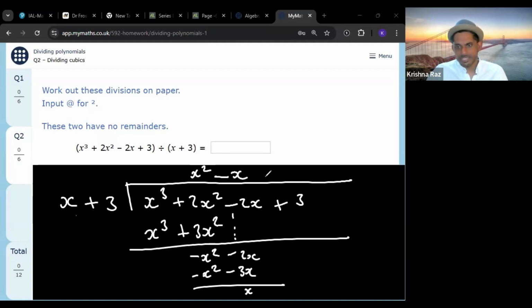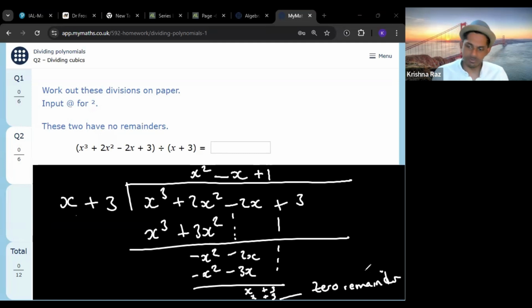What do I times x by to get x? 1. And 1 times x plus 3 is x plus 3. Therefore, 0 remainder. I ran out of space there, but you can see x plus 3 take away x plus 3 is 0.